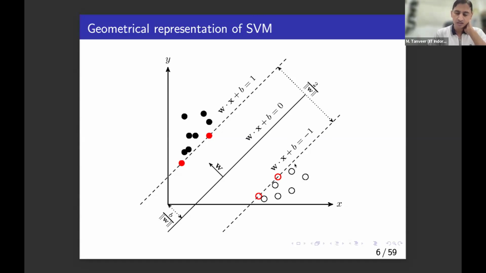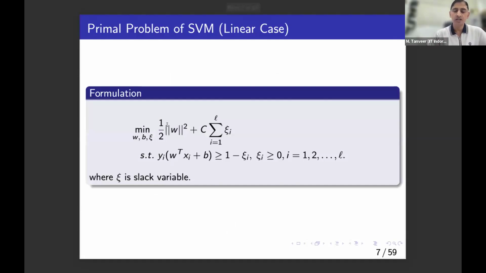Now, if there is a misclassification, then we have to penalize. We penalize those data points, and we add all those points in the objective function. Let me show this with the formulation.